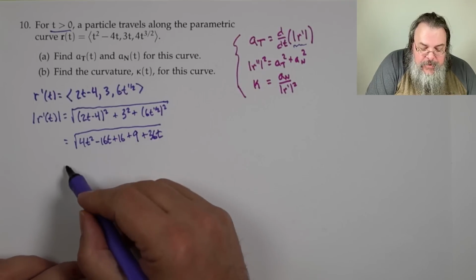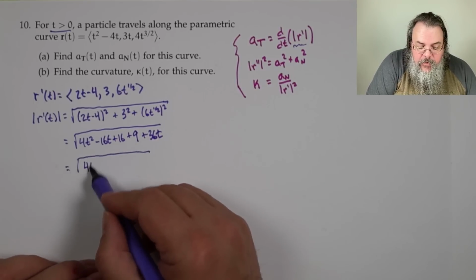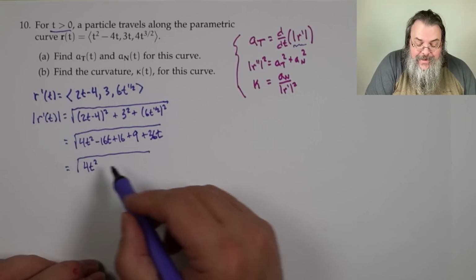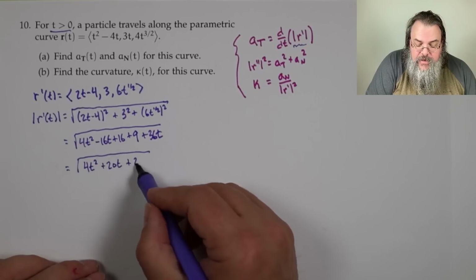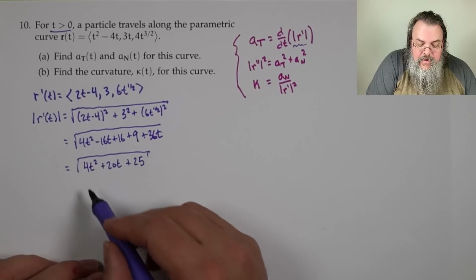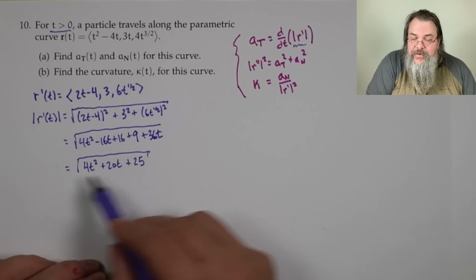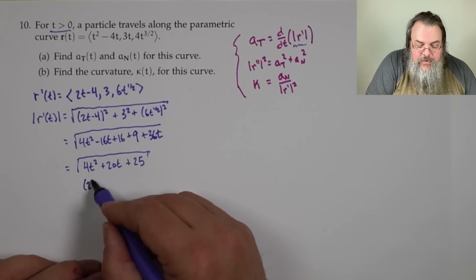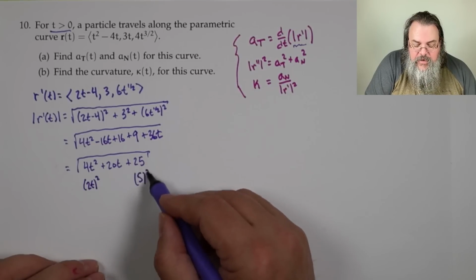We now put things together. We have the 4t squared. Minus 16 plus 36 is a 20t. 16 plus 9 makes 25. Now, if we're lucky, this will factor. There are no common terms right now, so we can't pull terms out. This looks like a 2t squared at the start, and a 5 squared at the end.